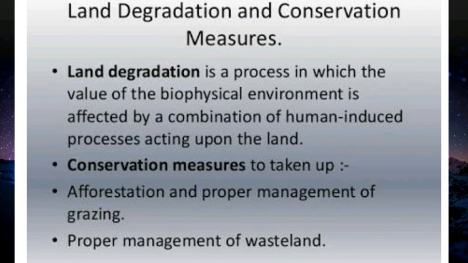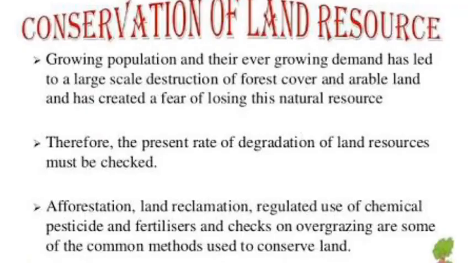Conservation. As we know, the meaning of conservation is to protect something. So, how can we protect our land? The best way to conserve our land resources is afforestation, in which we plant more and more trees.